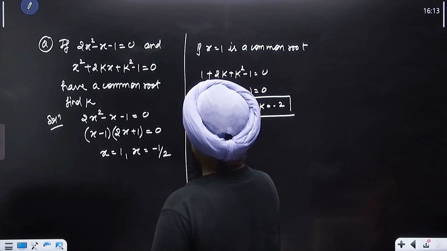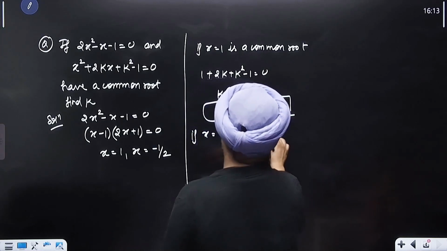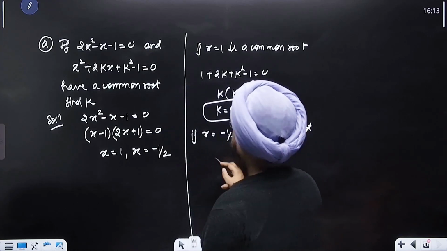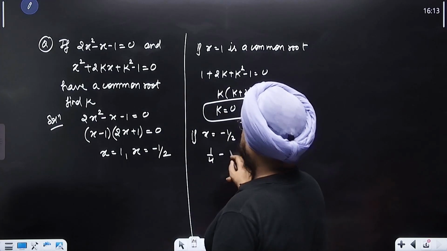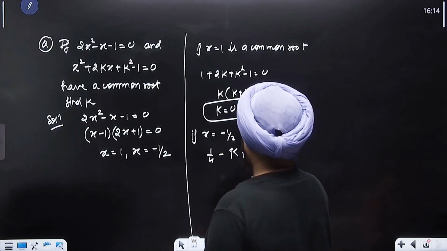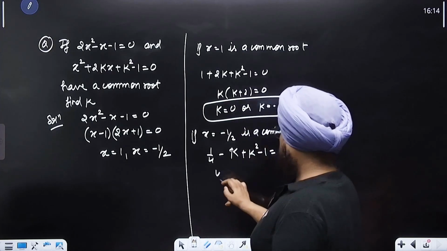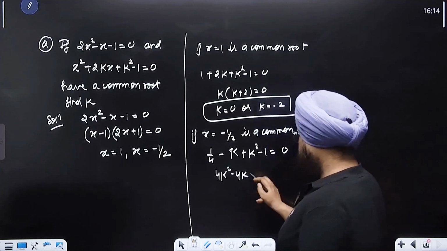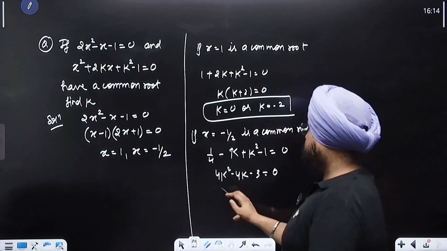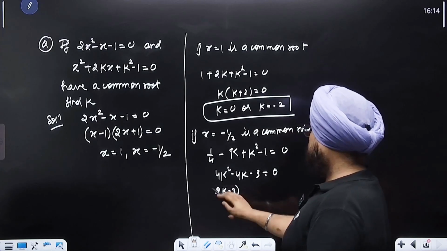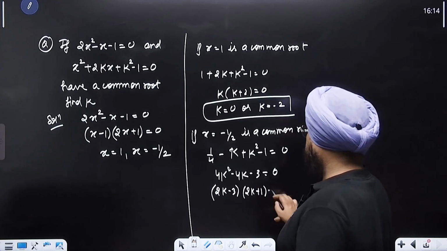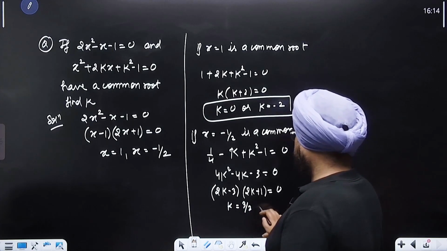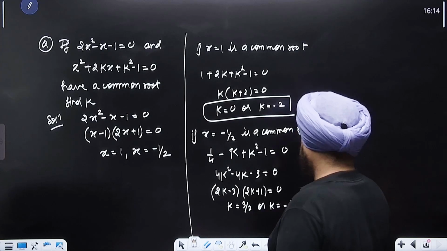If x equal to minus 1 by 2 is a common root, then it must satisfy the second equation. 4k square minus 4k minus 3, 2k minus 3, 2k plus 1. So k is equal to 3 by 2 or minus 1 by 2.